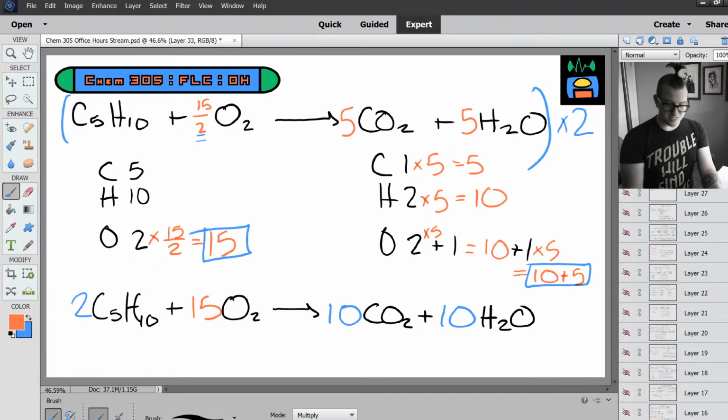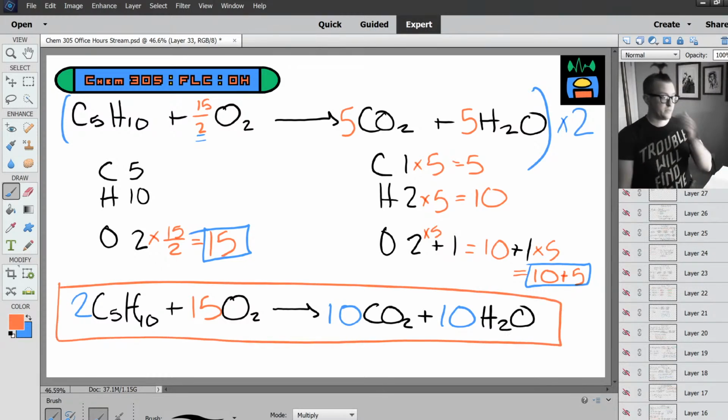So this is the final answer for our balanced chemical equation.